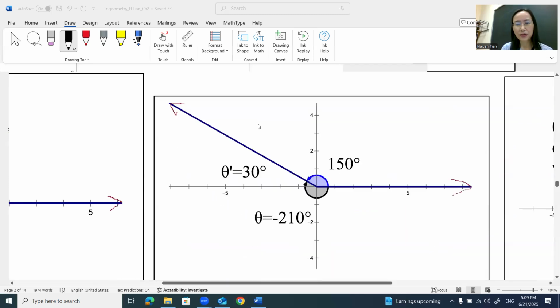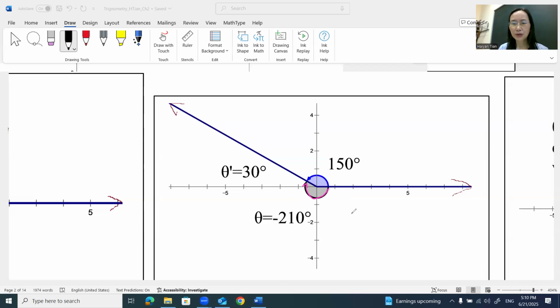So the given angle is negative 210 degrees. As you can see, this negative 210 degrees, in standard position, goes clockwise.